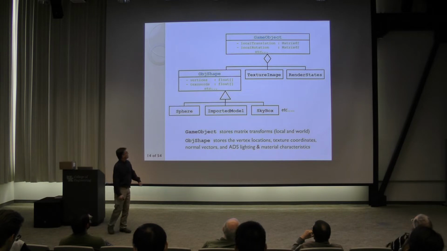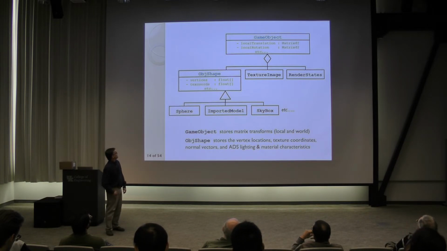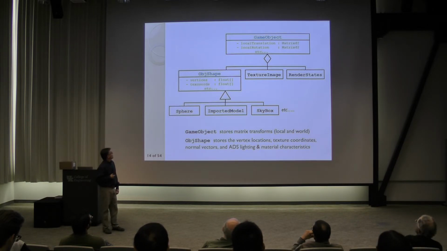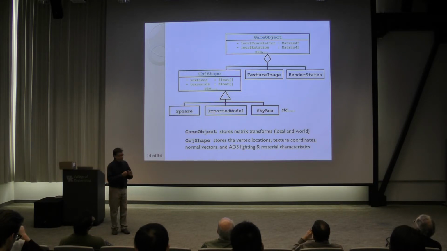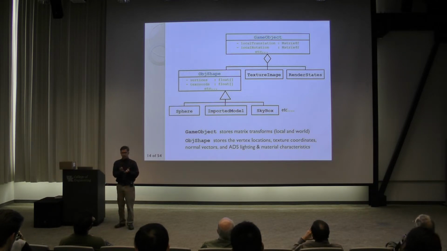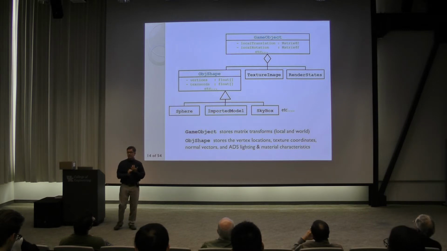Here's a little drill down into the classes. The game object class has a shape, texture image, and one of these render states classes. You can see the matrix transforms are in the object class. Okay, what makes up a shape? Those of you who've done a little bit know that these actual rendered shapes are built out of vertices.